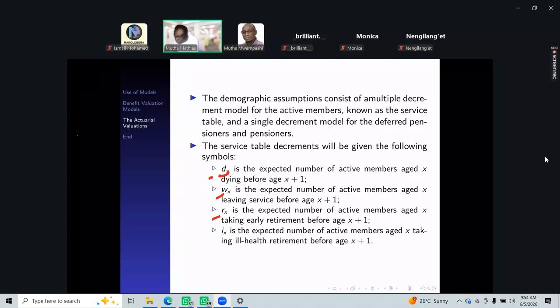And then, of course, we have I of X, which is the expected number of members who take ill health retirement before age X plus 1. So D for death, W for withdrawal, and then we have R for early retirement, right? And then, of course, we have I for illness.